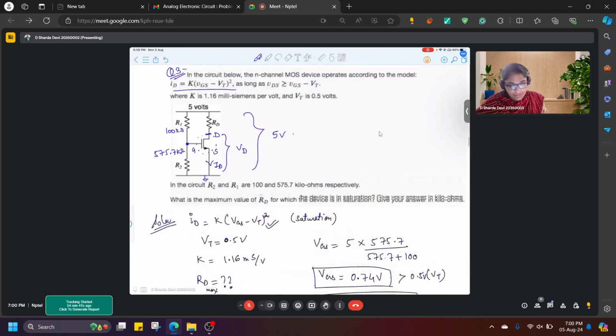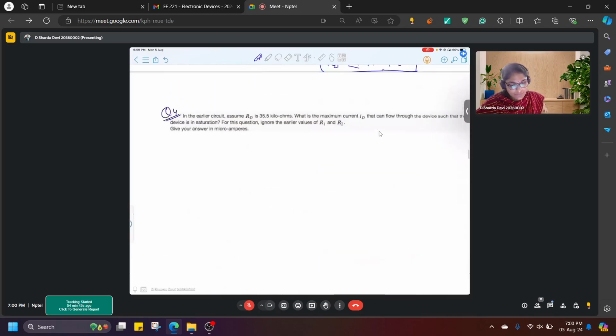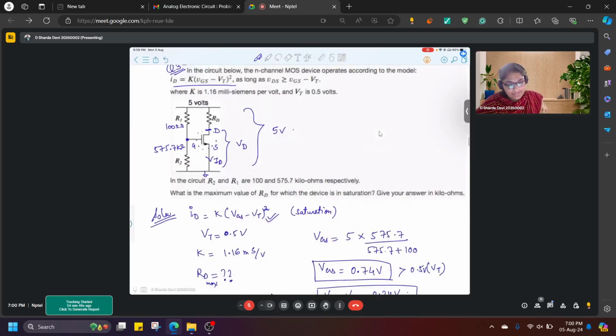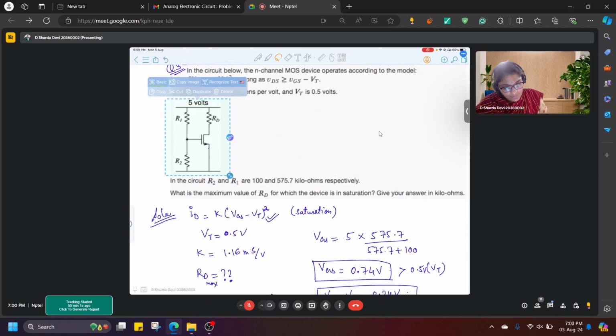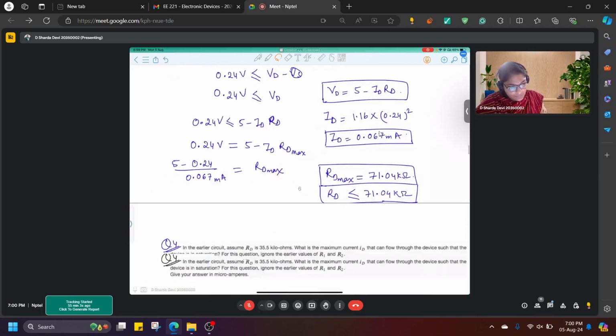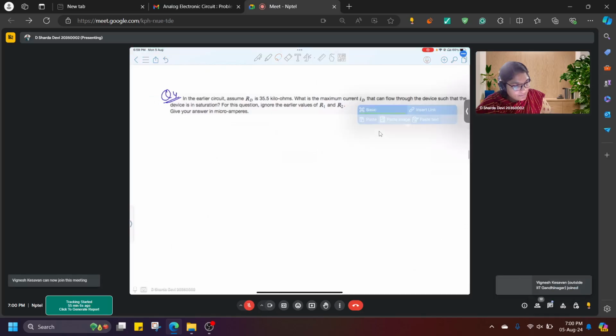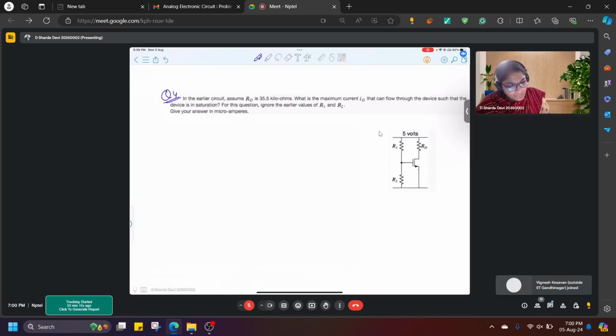Okay? So coming to step number 4. Now in the same problem, it is given that RD is 35.5 kilo ohms.